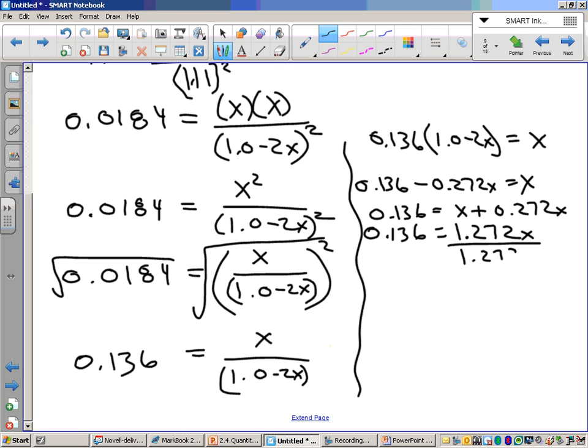Divide off 1.272, divide off 1.272, and x is equal to.